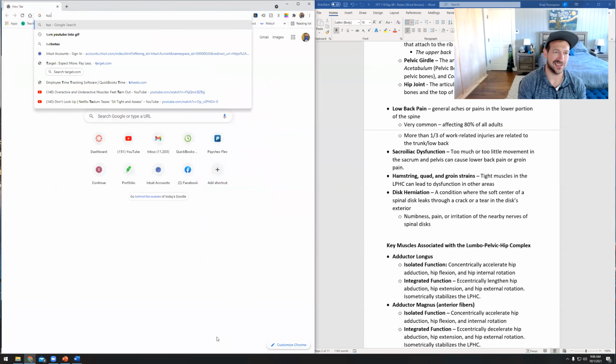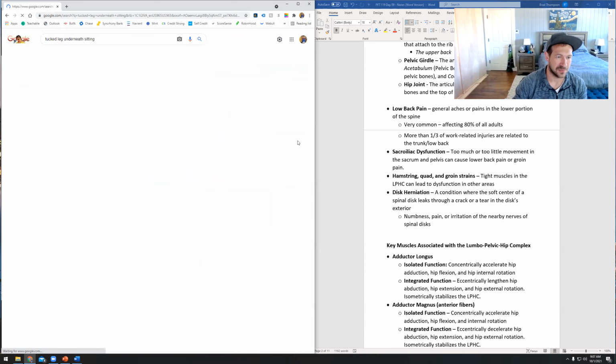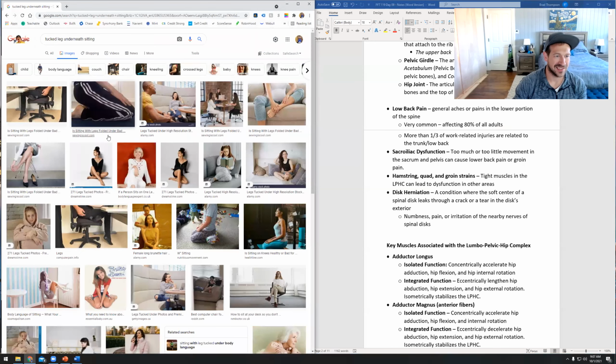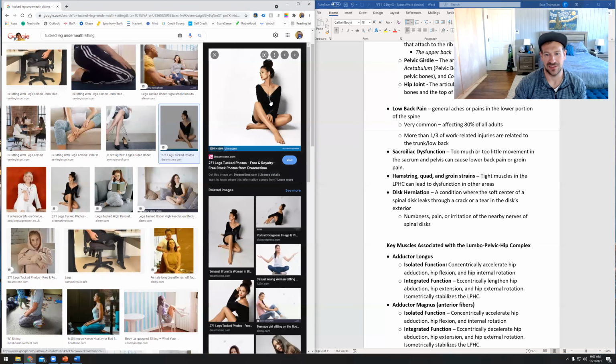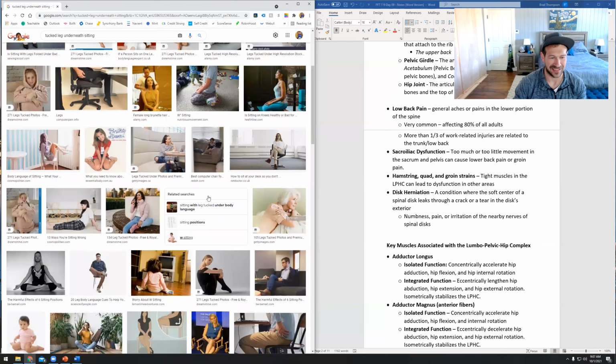In fact, yeah, here. Even this lady here, this classic posture. It goes one way and then back the other. That's the real problem with tucking your legs under like that. So this isn't so bad.